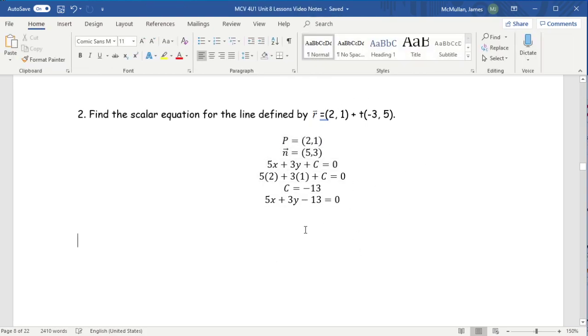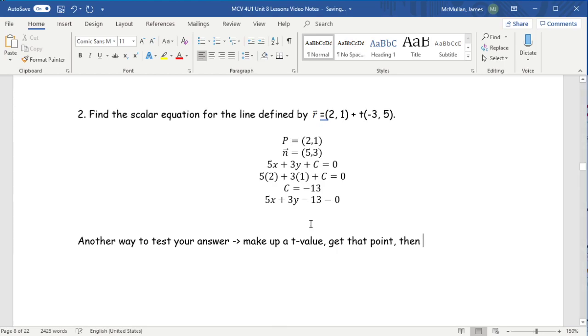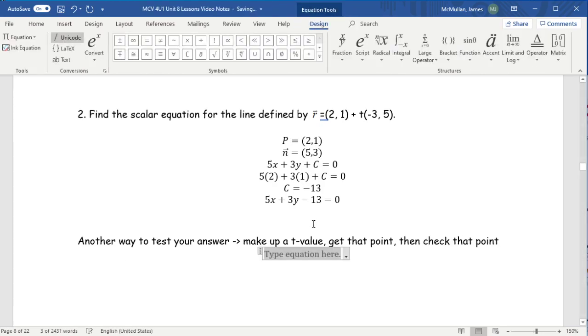Again, another good way to check this, another way to test your answer: make up a t-value, get that point, then check that point. So for example, let t equal 1, then the point that I'm considering would be (-1, 6), right?